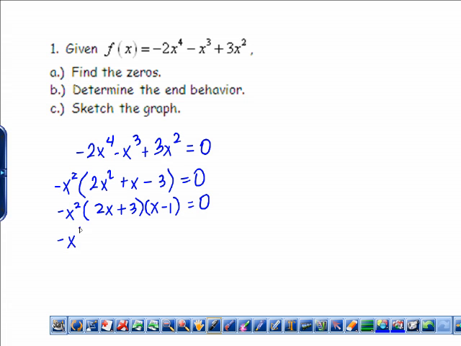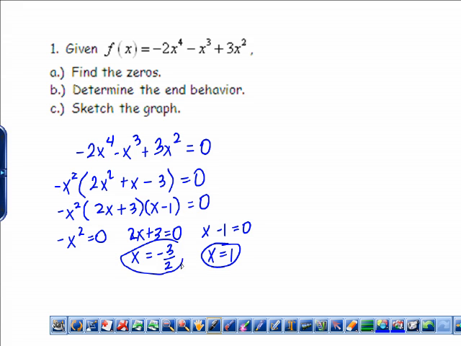So what I'm going to do now is set each factor equal to 0, and I'm going to actually find the solutions or the zeros. Okay, so this one over here on the right, that's easy. X equals 1. Here you have to do a little bit of work and you get negative 3/2 or negative 1.5.